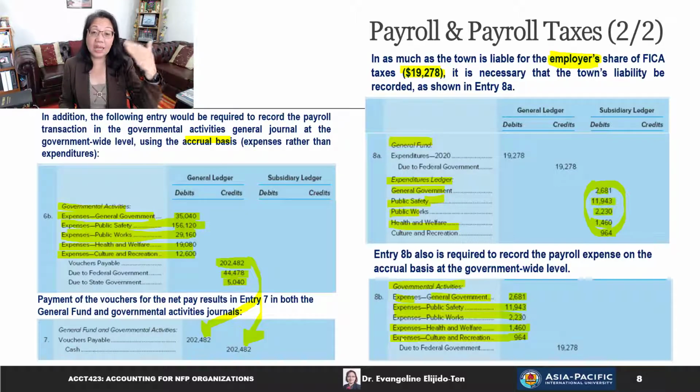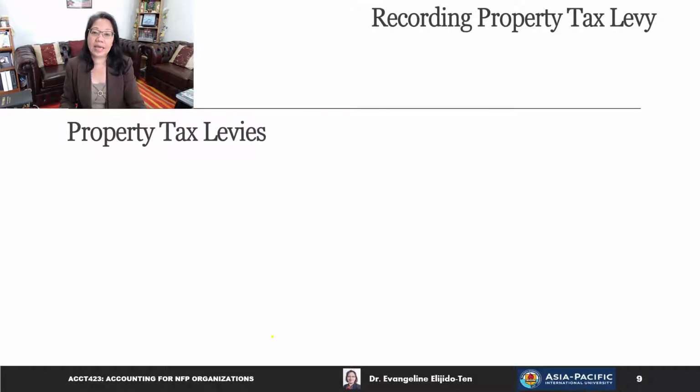Those are the debits, and the credit will be the same, due to federal government 19,278. Okay, so that is accounting for payroll and payroll taxes.